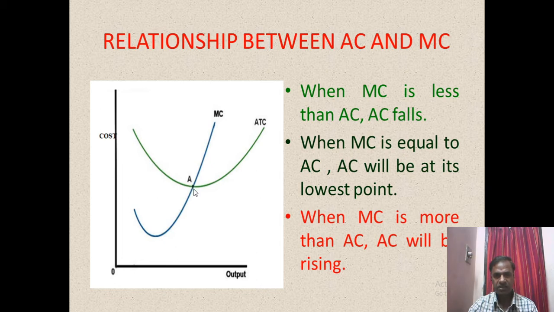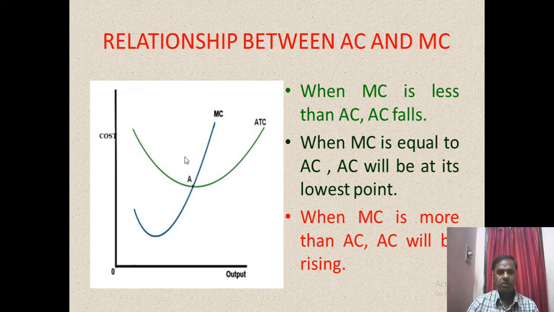At A, MC and AC are equal. At this point, AC or ATC will be at its minimum point. When ATC and MC are equal, ATC will be at its minimum point.